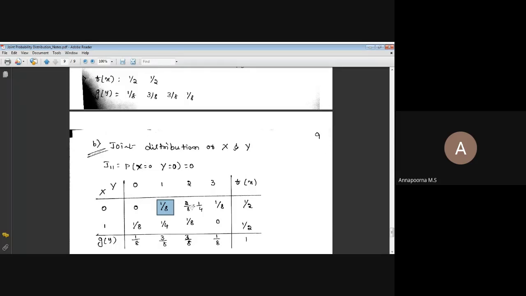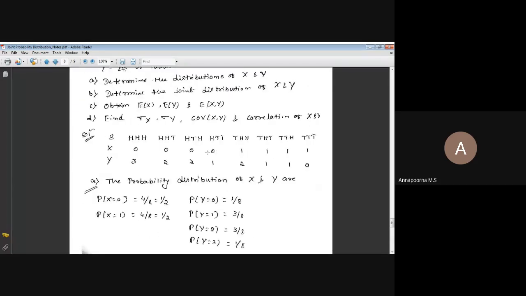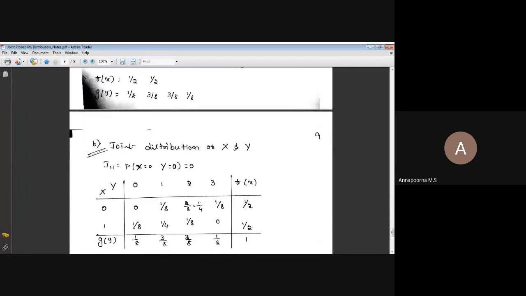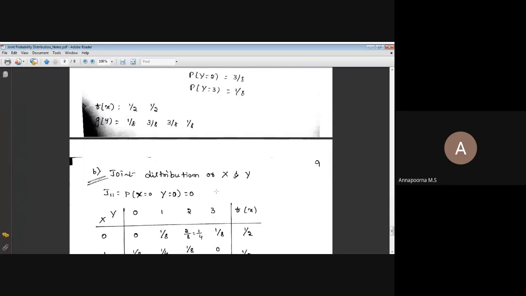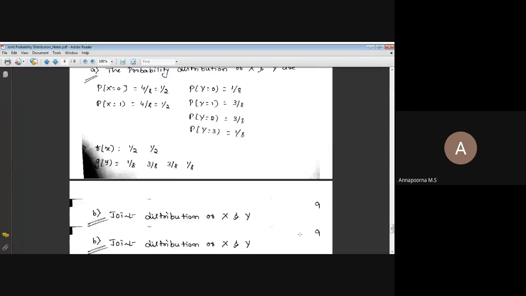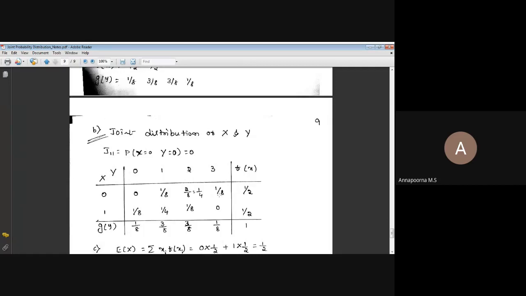Similarly, this number, J13, is x is 0 and y is 2. We are having two cases. So therefore it is 2 by 8, which is nothing but 1 by 4. Similarly, 0, 3 means there is one case. So therefore it is 1 by 8.